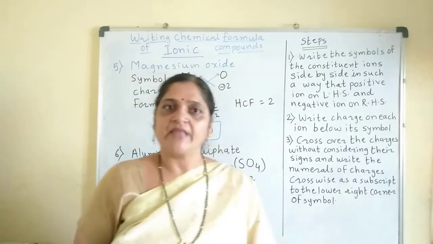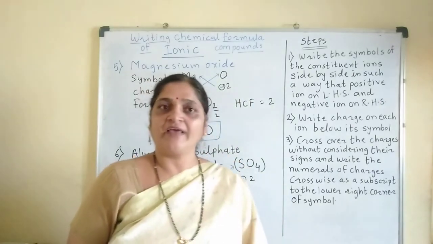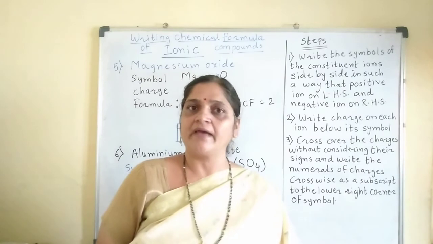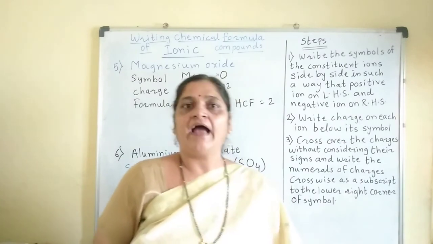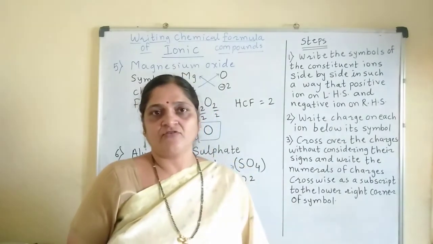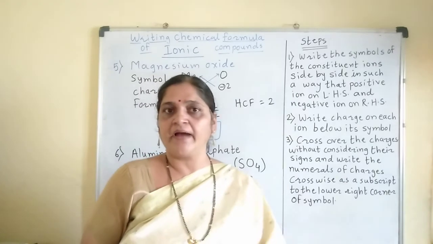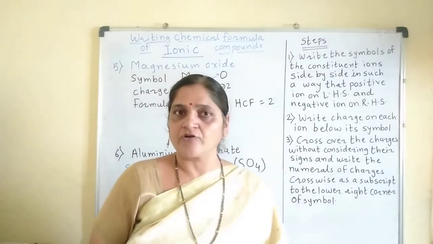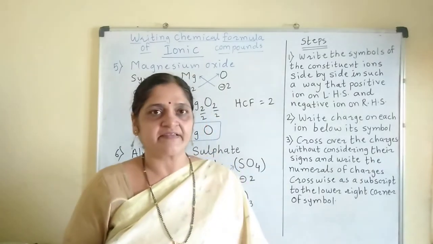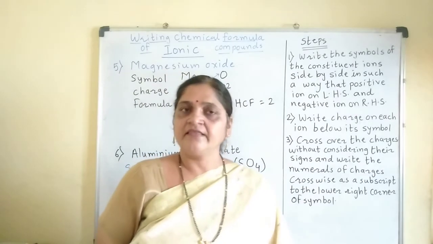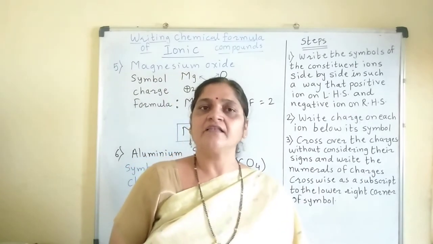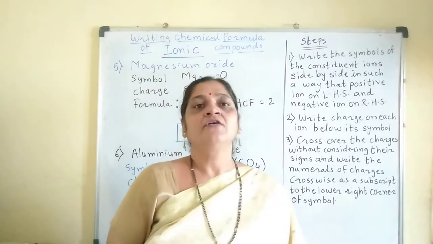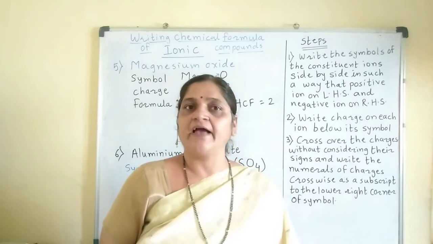Similarly, potassium nitrate. The formula is KNO3. Here the potassium ion carries +1 charge and the nitrate anion, nitrogen plus 3 oxygen combinedly forming the polyatomic anion, carries -1 charge. In this way, these polyatomic anions can combine with metal ions to produce different ionic compounds.